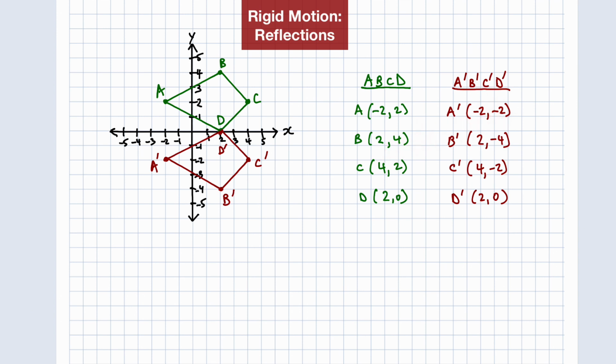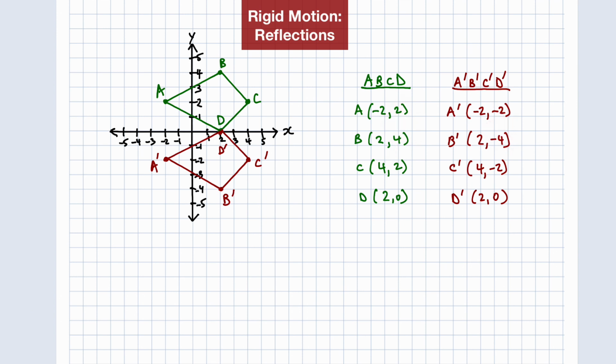Now let's take a look at B versus B prime. The x value remains the same, they're both 2, but this time the y value is the opposite of what the original point was, right? We have 4 versus negative 4. So we're beginning to see a pattern. The x's remain the same, but the y values become negative.